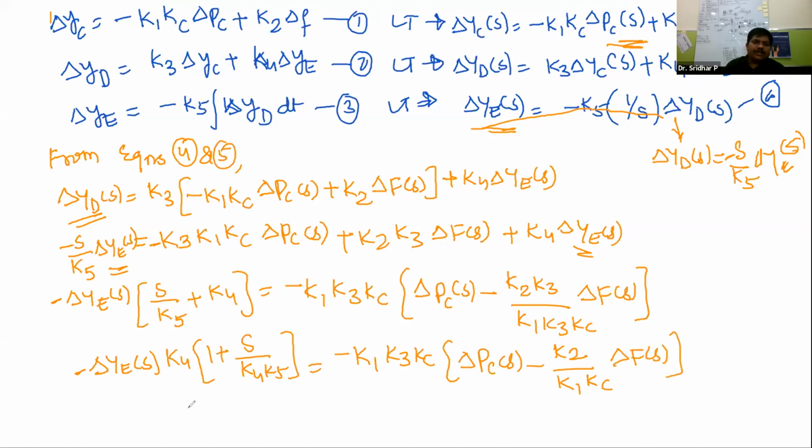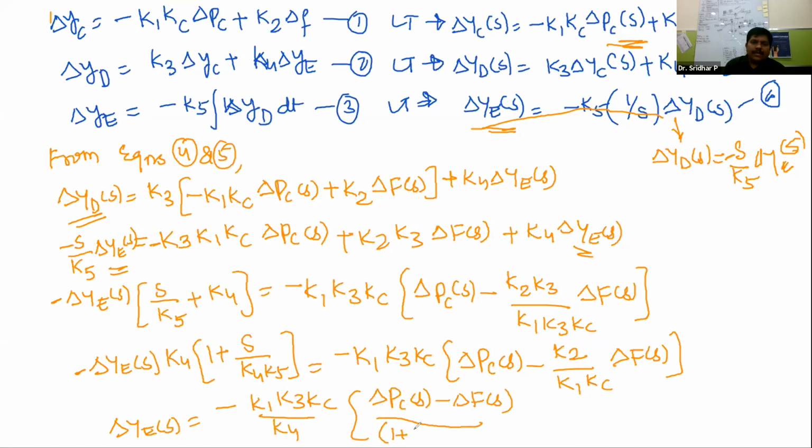So finally, you will get delta ye of s equals minus k1 k3 kc by k4 into delta pc of s minus delta f of s, divided by 1 plus s by k4 k5. So this is the final expression you are going to get.